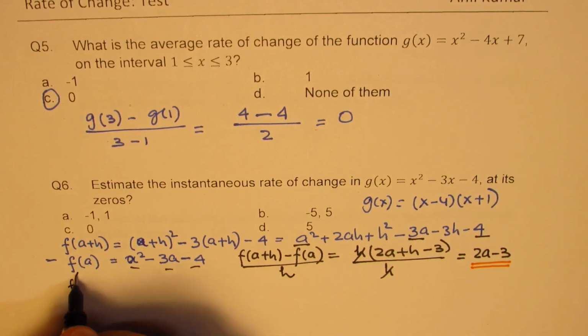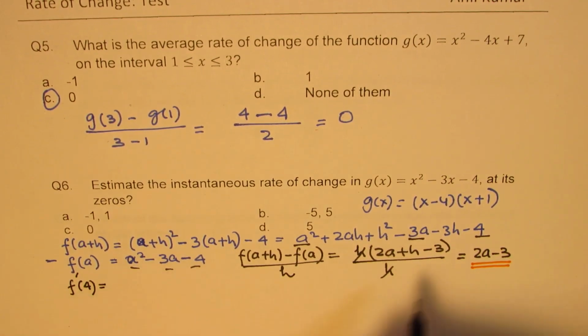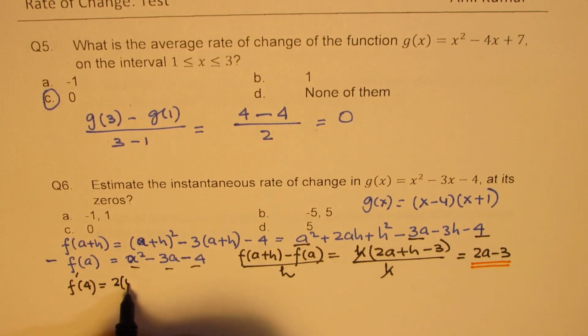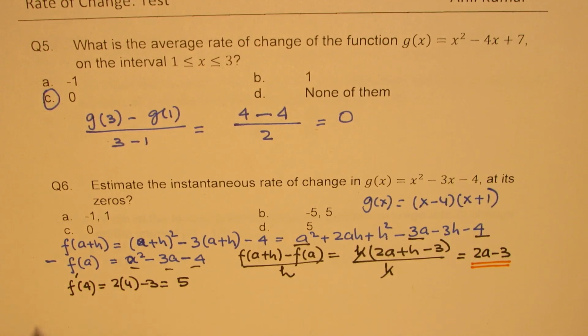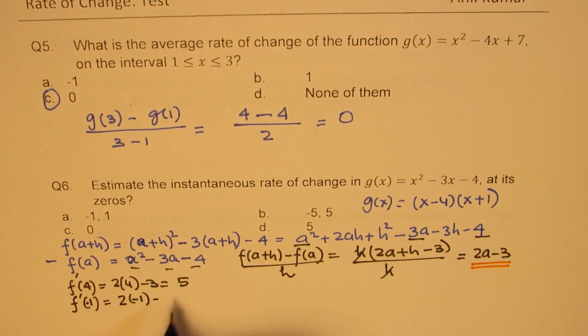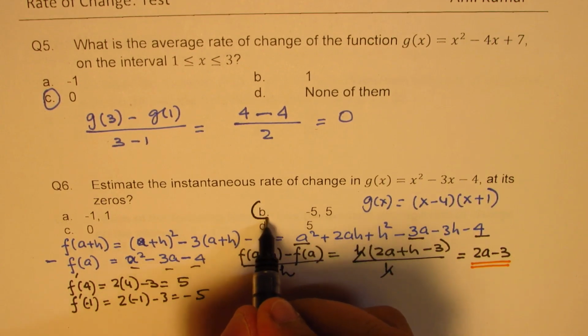So let's write f dash at 4 will be equal to, substituting 4 here, 2 times 4 minus 3, which is 5. And then we'll substitute f dash at minus 1. So 2 times minus 1 minus 3, which will be minus 5. So we get plus minus 5 as our answer.